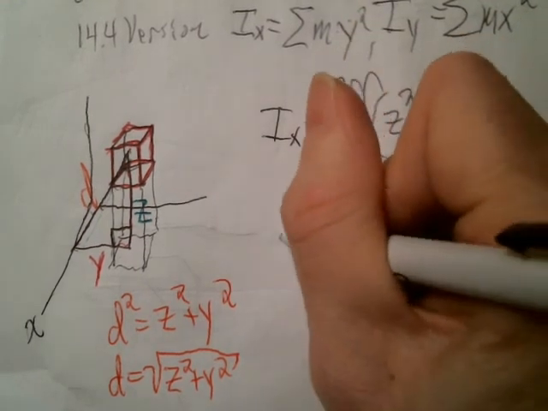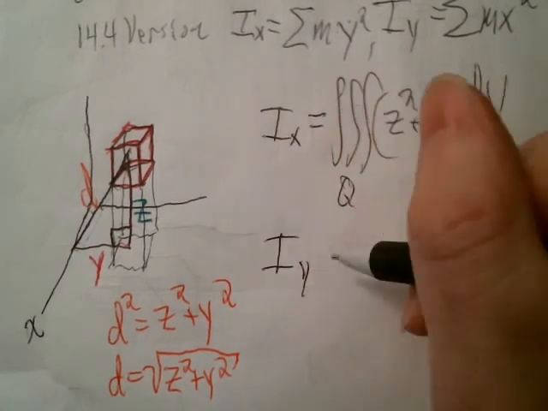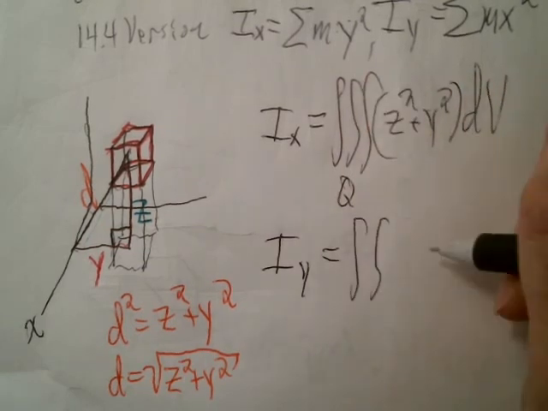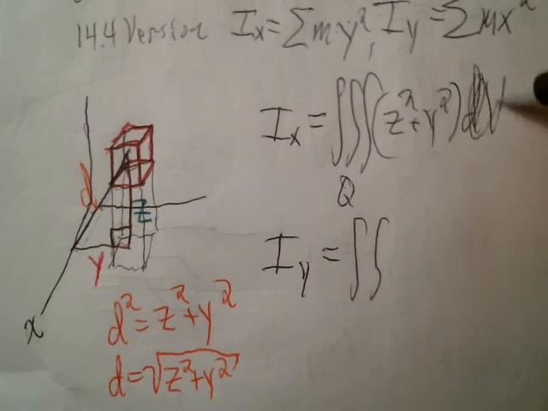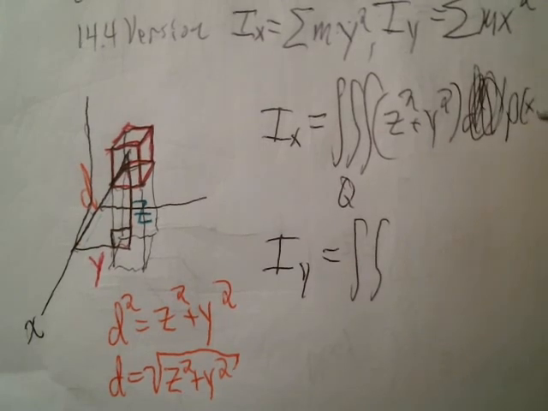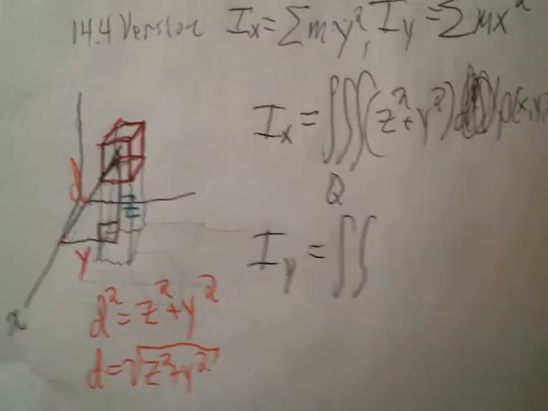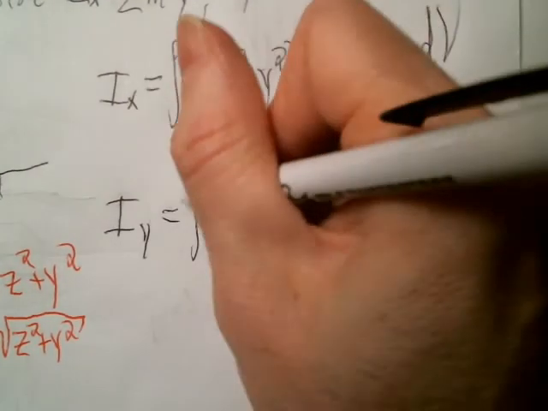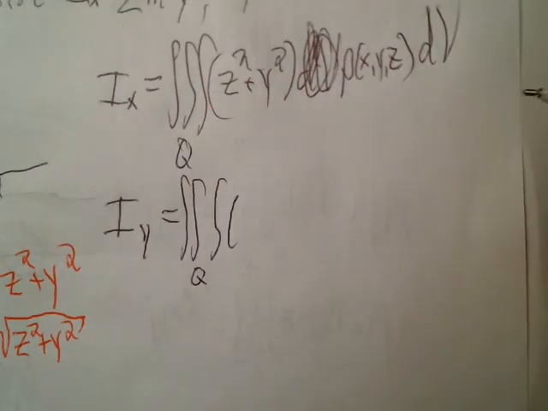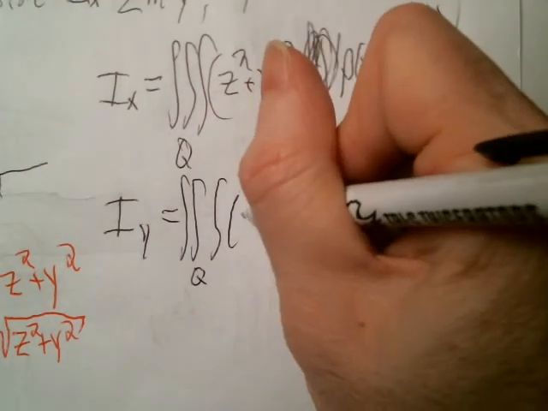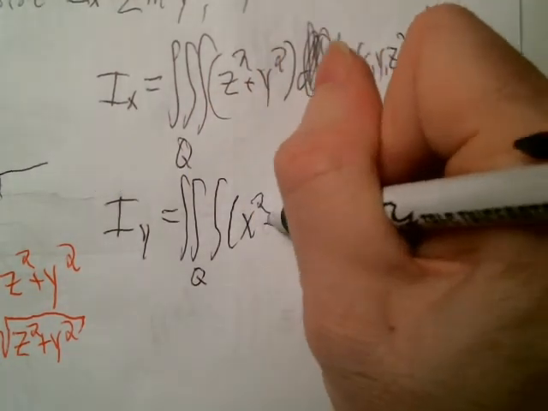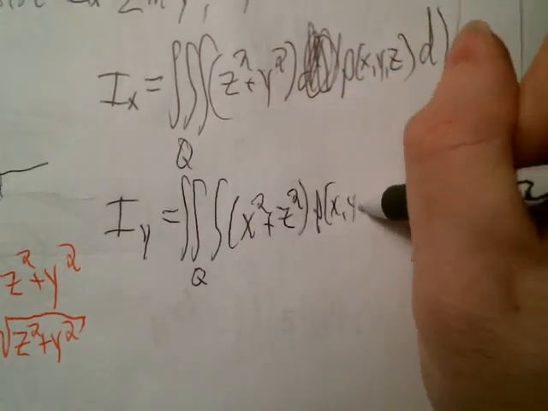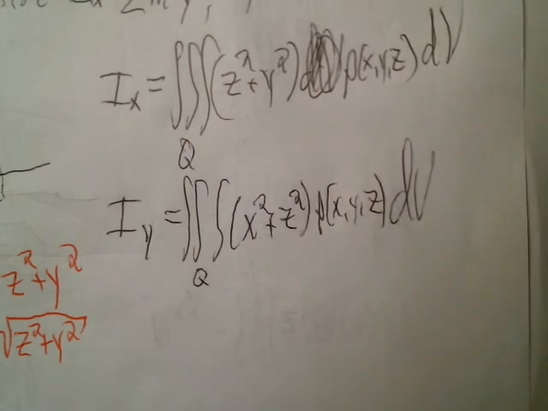And then the moment of inertia about the y-axis, and I forgot my rho, sorry, times rho of x, y, z, dv. Okay, and then this guy, triple integral over the solid region of x squared plus z squared times rho of x, y, z, dv, etc.